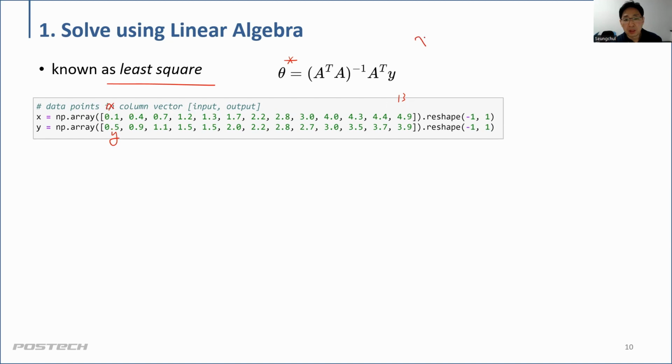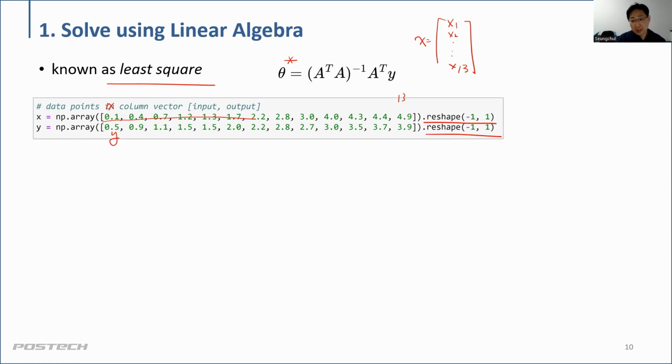And I remember in the previous slide, I said that I want to put certain data in column vectors. That's why we have the reshape command here. So it looks like this, but we had a reshape function, so I made it into vertical column vectors.